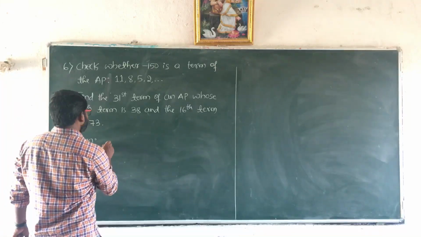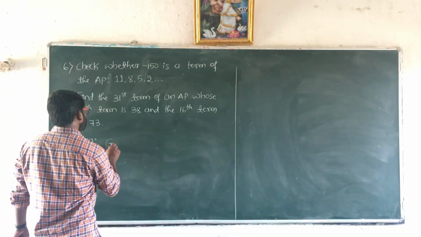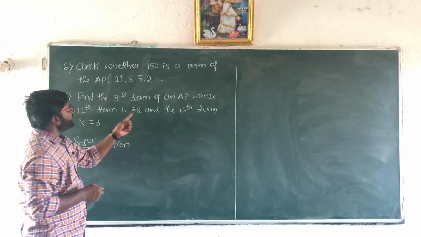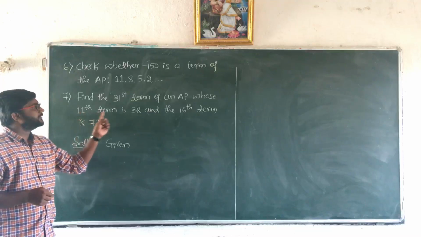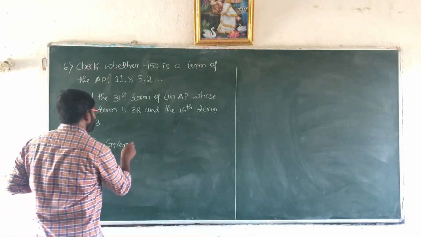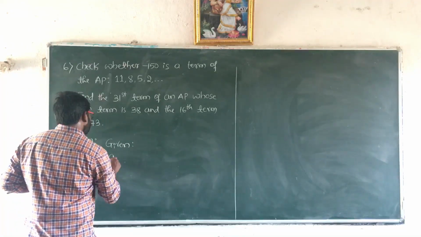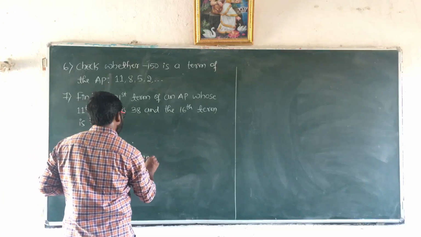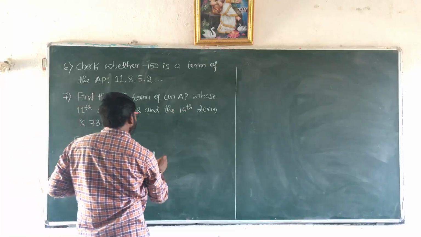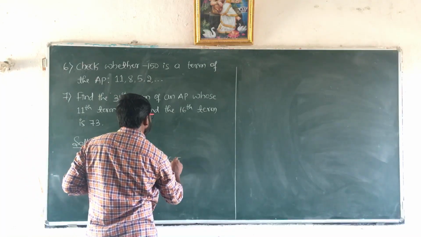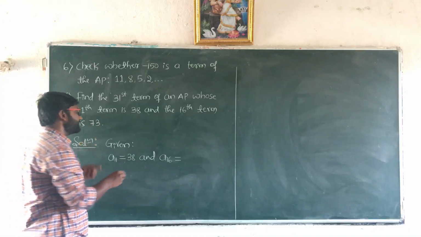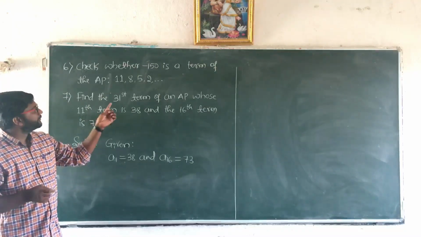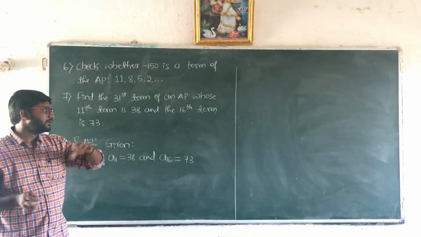Given: the 11th term is 38, which indicates that A11 is equal to 38, and A16, the 16th term, is 73. What we have to find here? We have to find A31.